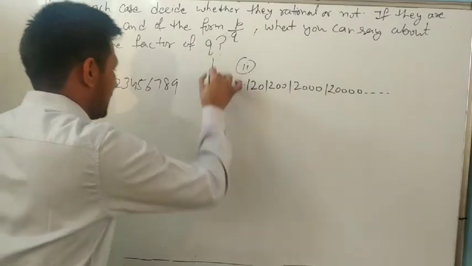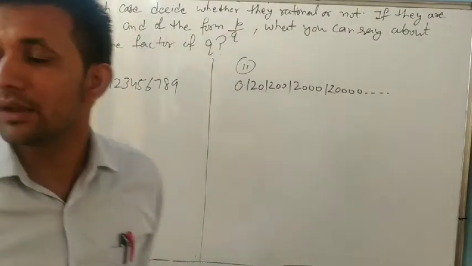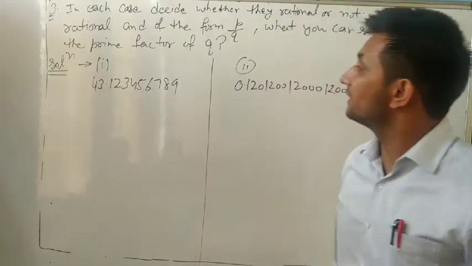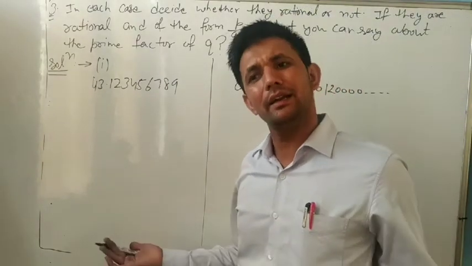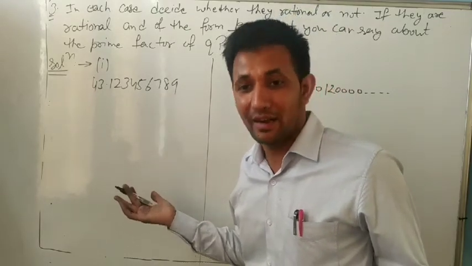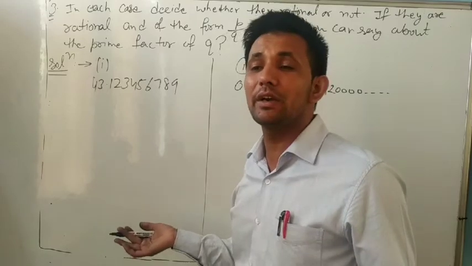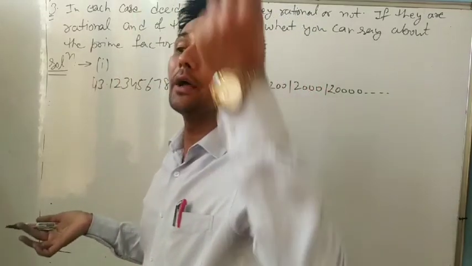So first part, tell me, is it rational or not? Yes. Why? What is a rational number? It is rational because its decimal expansion is terminating. If the decimal expansion is terminating, it is definitely a rational number. Because what is irrational? Non-terminating, non-repeating.